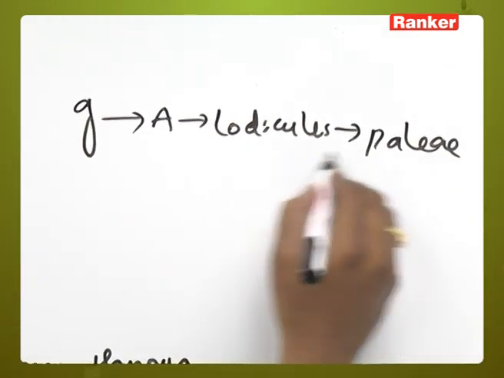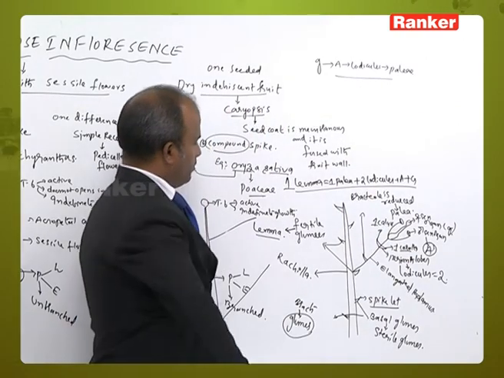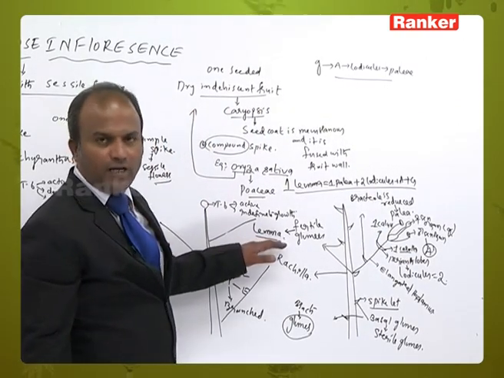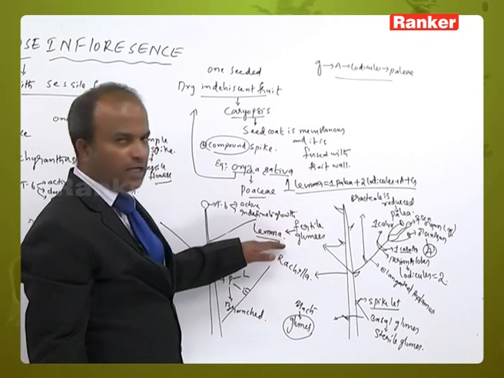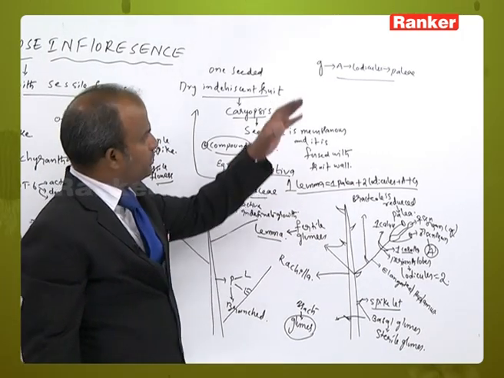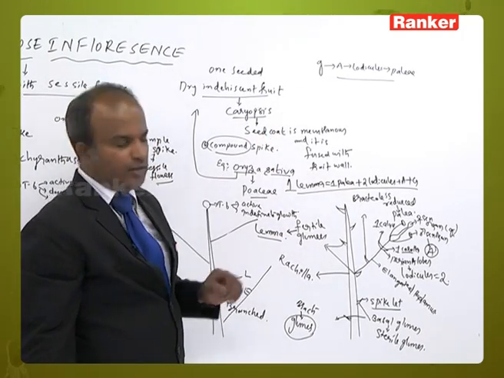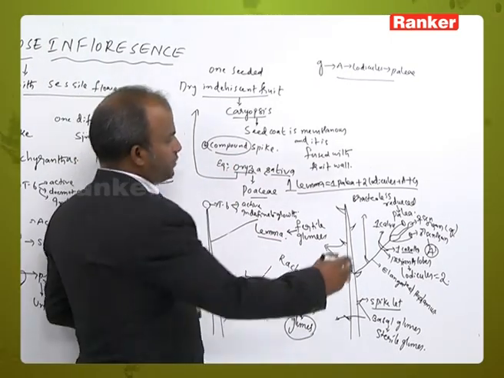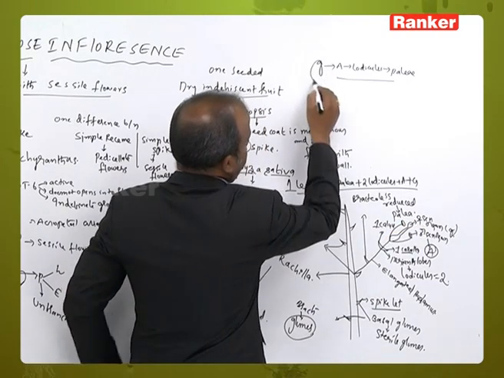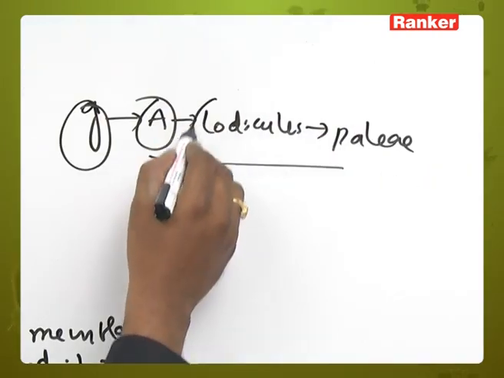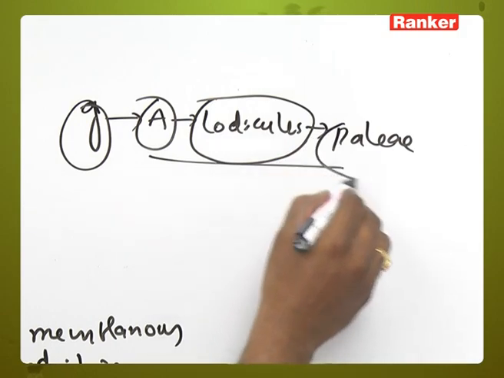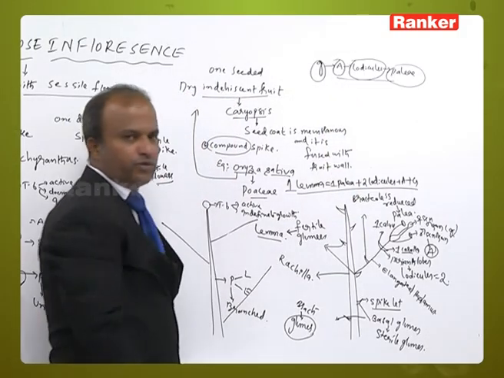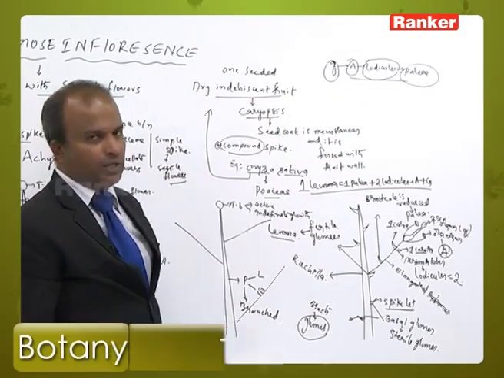In one lemma, the first is the gynoecium, the second is the androecium, the third is the lodicules, and the fourth is the palea.